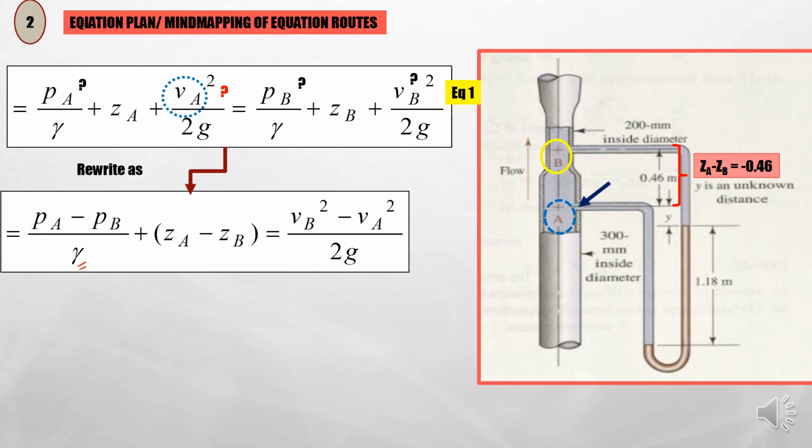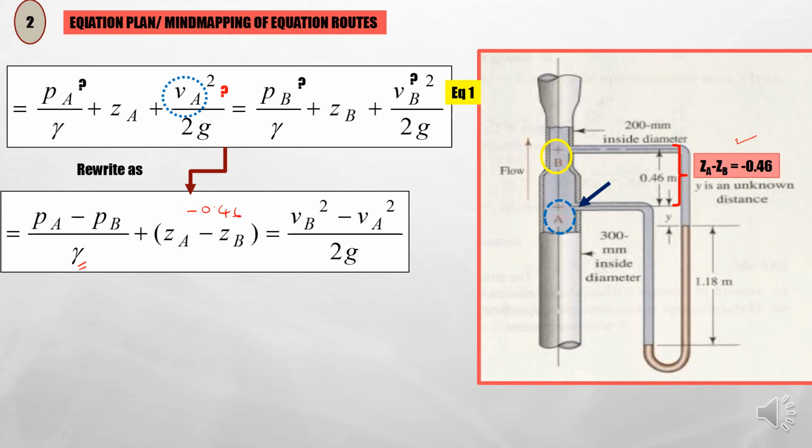So that's PA minus PB divided by gamma, the specific weight. And for ZA, we bring ZB to the left side because we already have the information about ZA and ZB, which is minus 0.46. The velocity terms we bring to the right side.